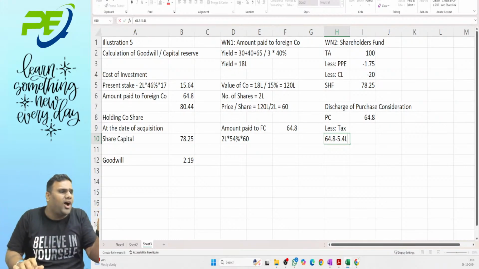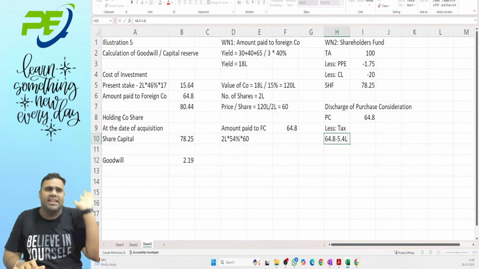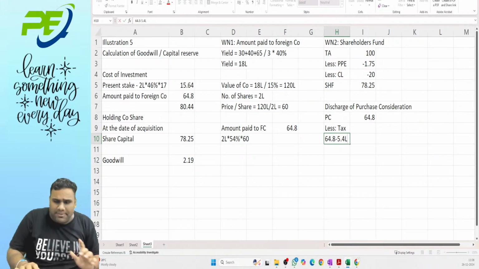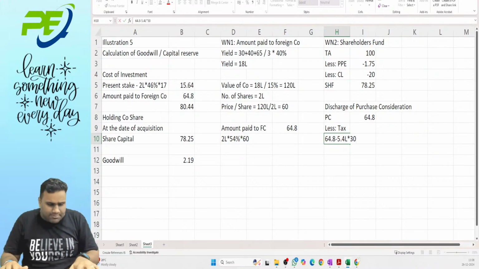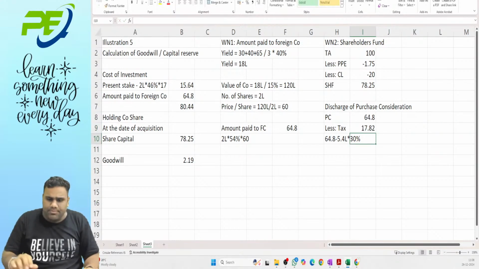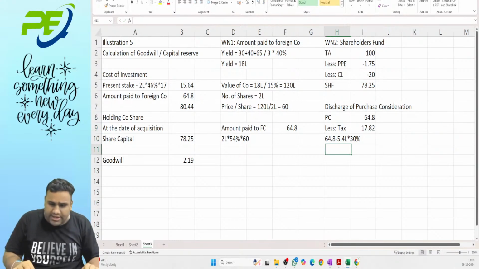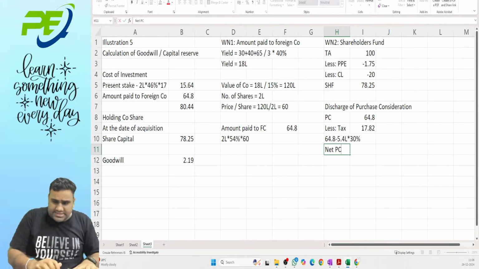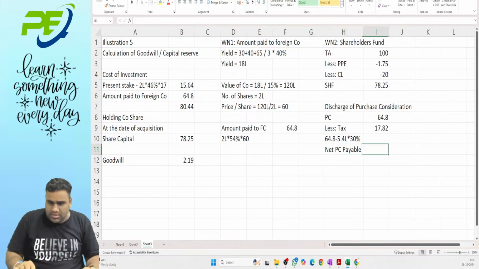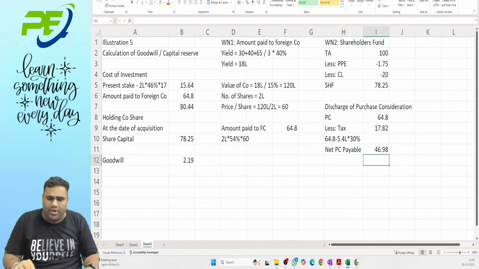The difference is called capital gain. You learn in DT. On that capital gain, 30%, 17.82. So net purchase consideration payable is 46.98. After subtracting the tax, they'll pay 46.98.